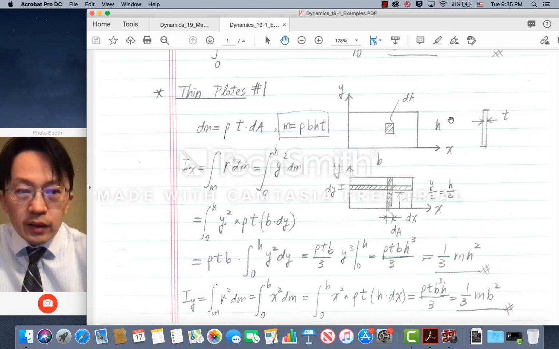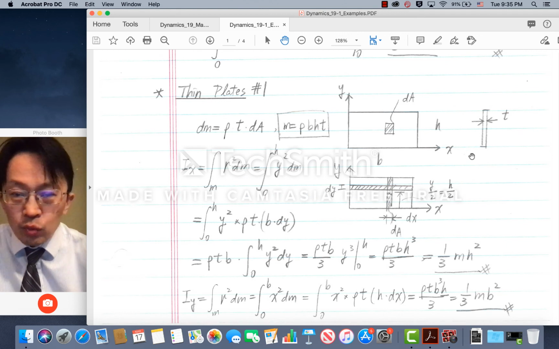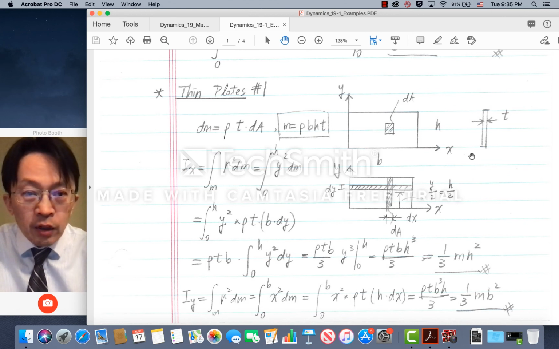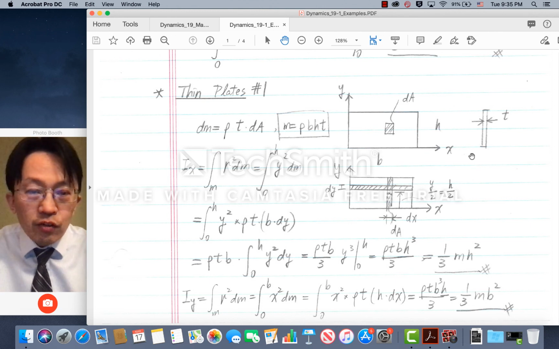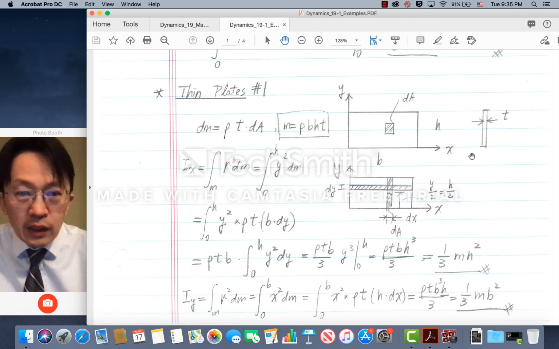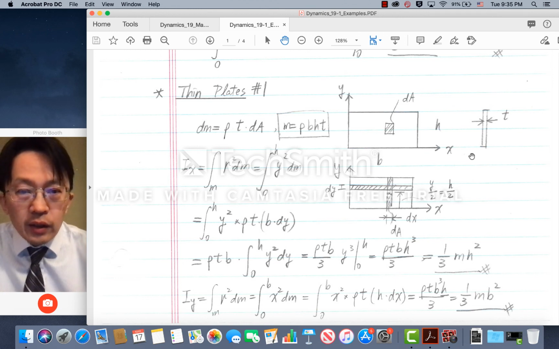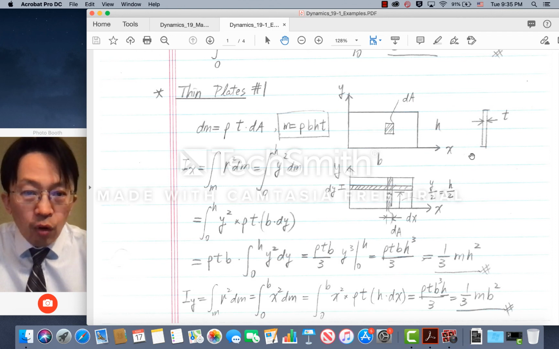Now, the definition of mass moment of inertia, as we already know very clearly, is I equals the integral of r squared times dm. Therefore, in calculating the mass moment of inertia, the only thing you have to pay attention to is the definition of unit mass. And remember, unit mass always equals density times unit volume. So the question becomes, how do we determine unit volume?